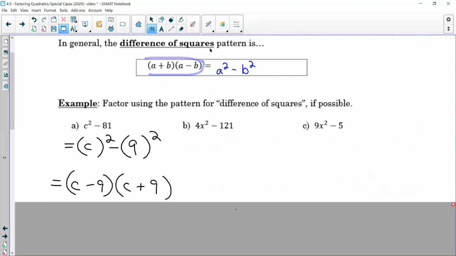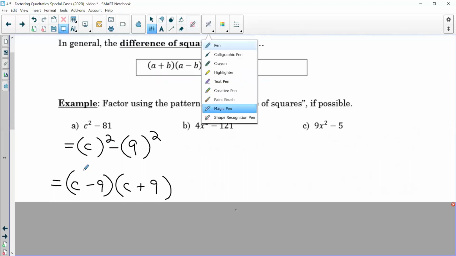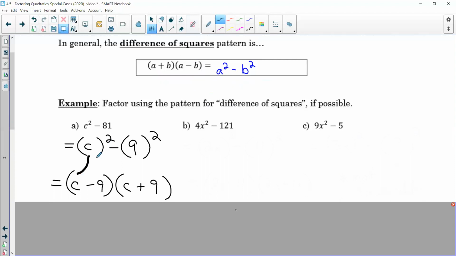So now we have the c being used here and here, and the 9 being used there and there. So it's a difference of squares pattern that factors to this step here. So these are two factors written in brackets, as you can see. Okay, so we're taking this pattern up at the top and writing it that way.